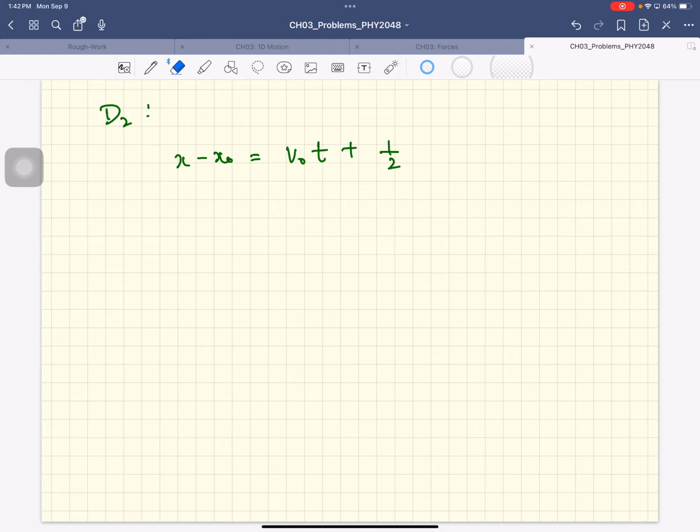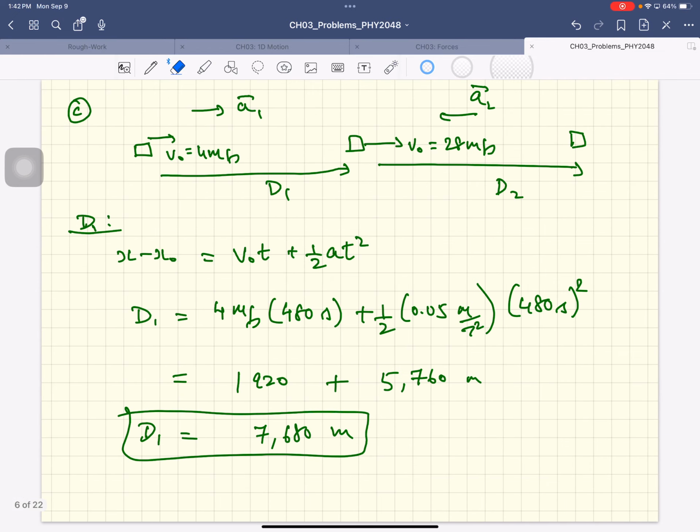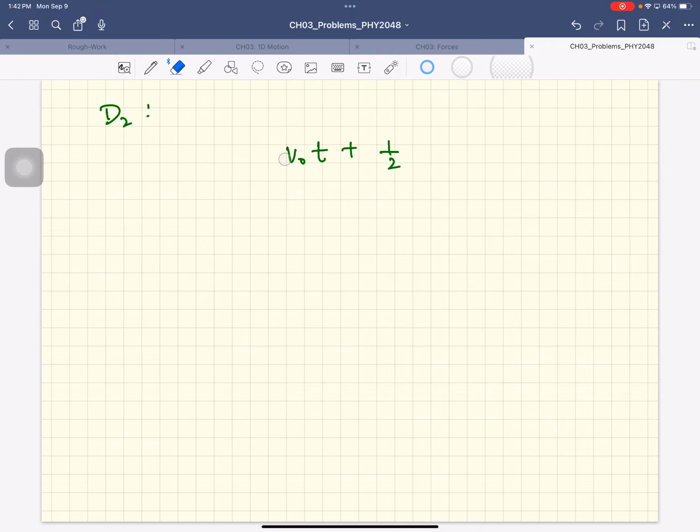Okay, let's see. I have the braking time, but let me calculate it a different way. Okay, and so we'll calculate it this way. This will be our braking distance.